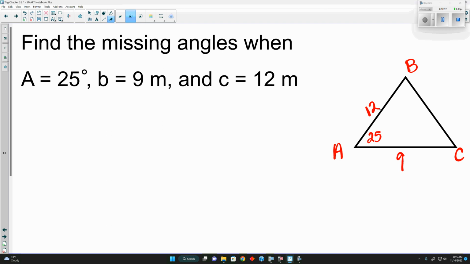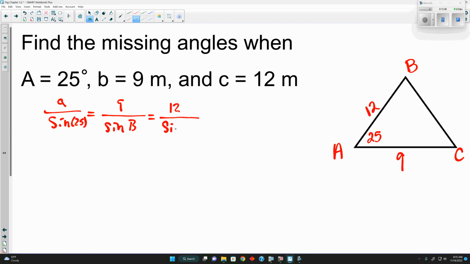So even if we try to approach this with law of sines, we could say side A over sine of 25 is equal to side length B over sine of B is equal to 12 over sine of C. And no matter which two of these fractions we pick to solve for, we'll still have two things to solve for. There's no way we could set this up with law of sines and only have one variable. We'll always have two. So this here doesn't work.